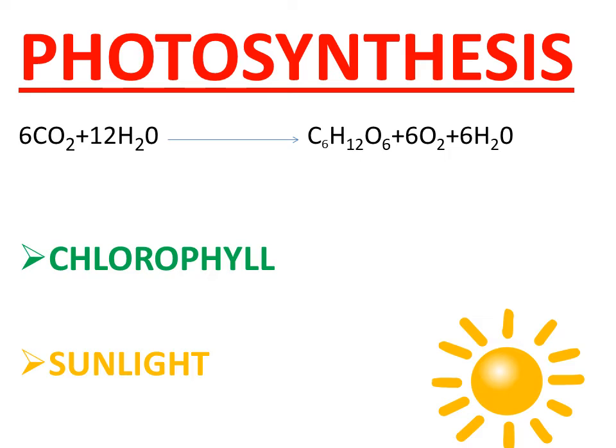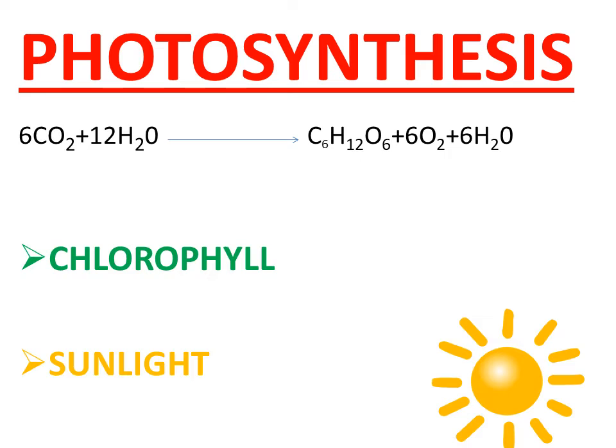We all know that the presence of sunlight and chlorophyll is necessary for the process of photosynthesis to occur. Carbon dioxide is absorbed by the plants and oxygen is released by the plants. So when carbon dioxide and water combine in the presence of chlorophyll and sunlight, they form glucose, oxygen and some extra water.